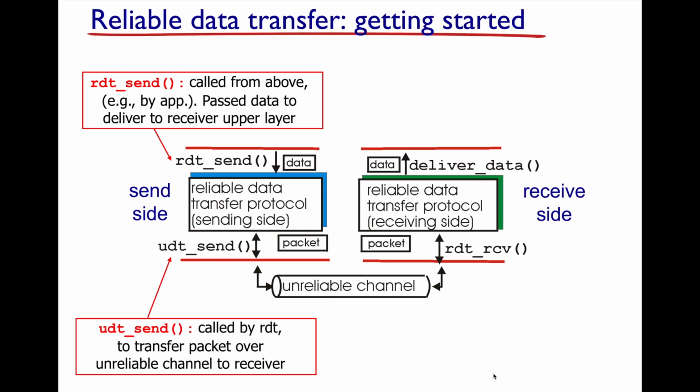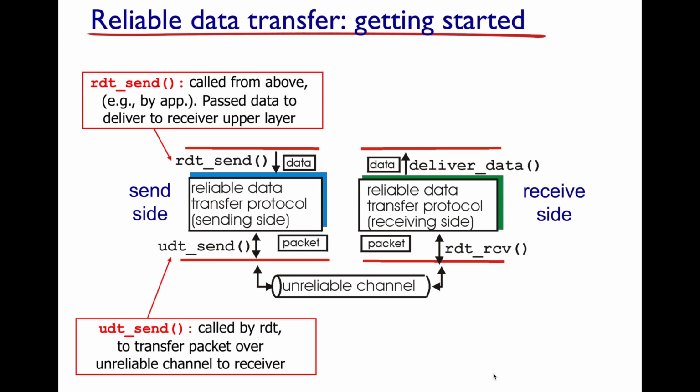It's called UDT because it stands for unreliable data transport. This UDT send is called by the transport layer in order to transfer a packet over what we will see, in its full treatment, as an unreliable channel. So then, with enough sends in this unreliable channel, at some point it's going to get through.